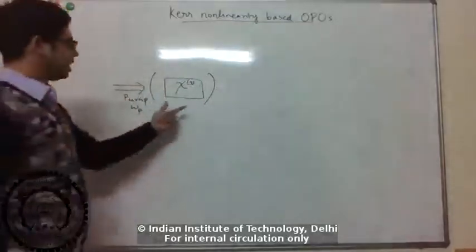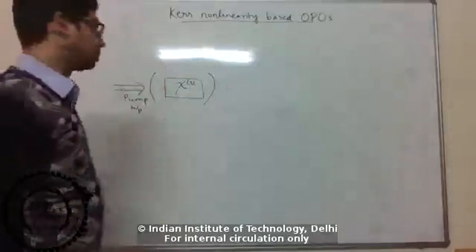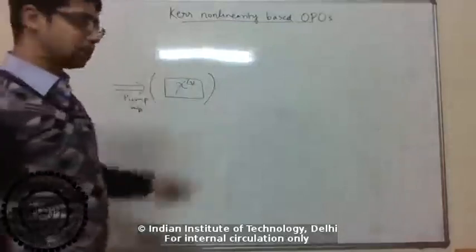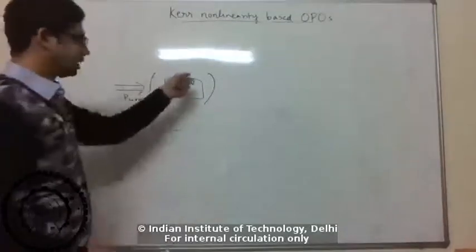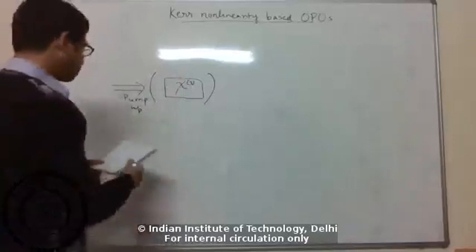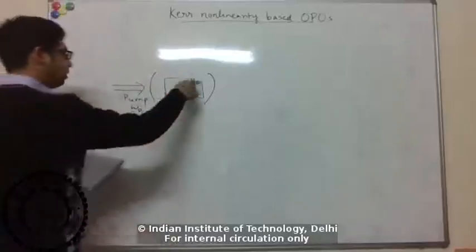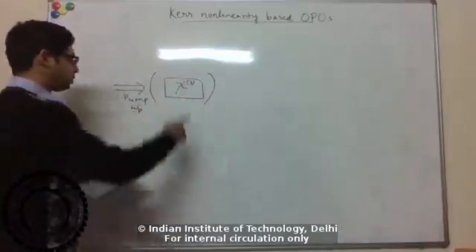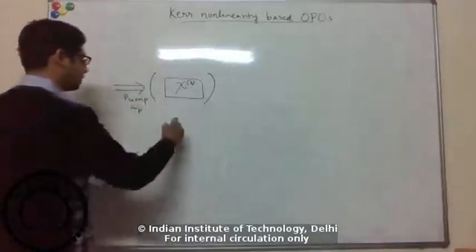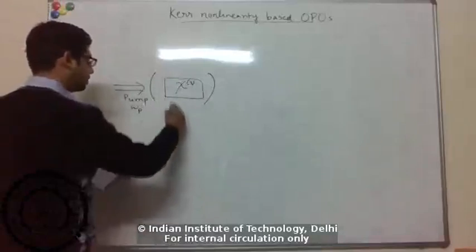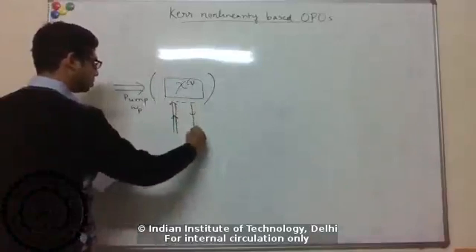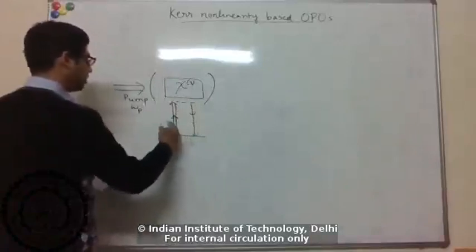This cavity, of course, has resonances, and so let's say we pump at one of the cavity resonances. So the field builds up inside the cavity, and the intensity becomes large. And then if the conditions are set up right, like for example, we have discussed dispersion, etc., if those conditions are set up right inside the cavity, then you can get this four-way mixing process to happen within the cavity.